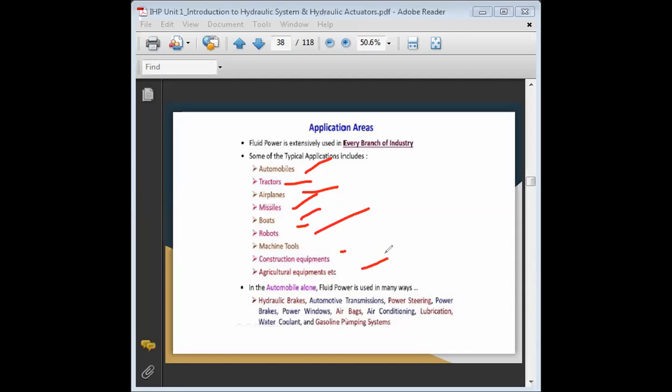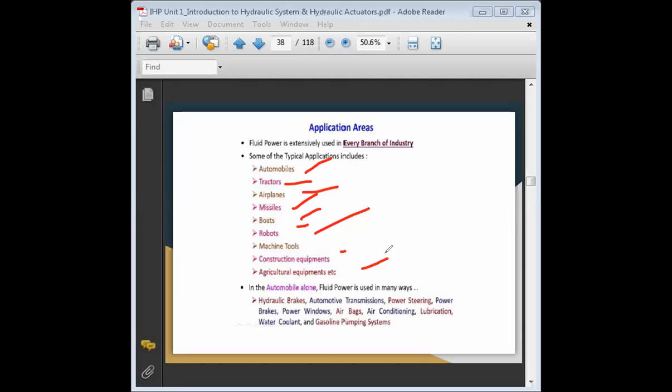Please remember: automobiles, tractors, airplanes, missiles, boats, robots, machine tools, construction equipment, agriculture equipment, etc. If you see all the areas, every branch of industry uses this fluid power. Due to that I read the first statement: fluid power is extensively used in every branch of industry. Getting it?